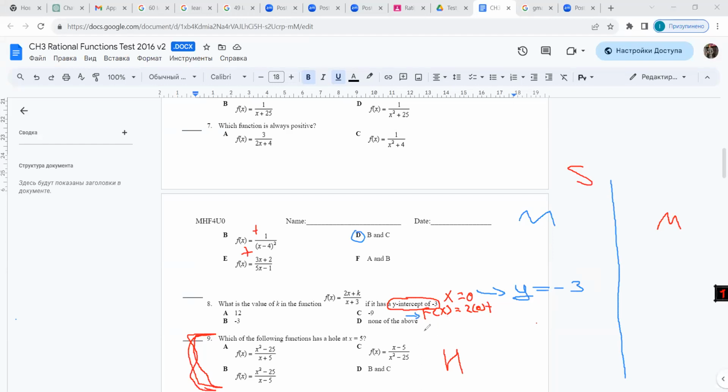Instead of writing f of x, you could just say f of 0 equals -3 equals 2 times 0 plus k, and find k value from here. Just a little hint for you guys.